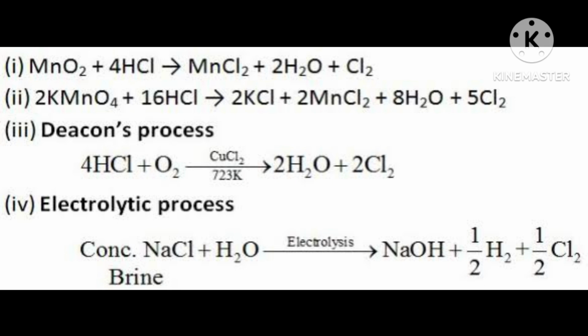Now I am telling you the manufacturing methods, that is, the manufacture of chlorine in large quantity.